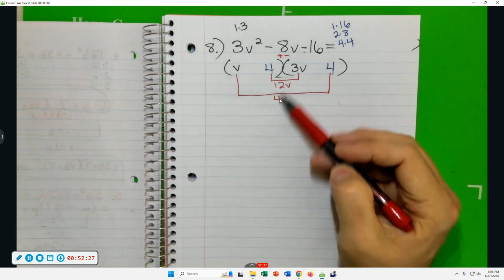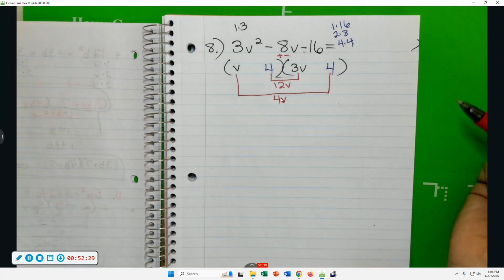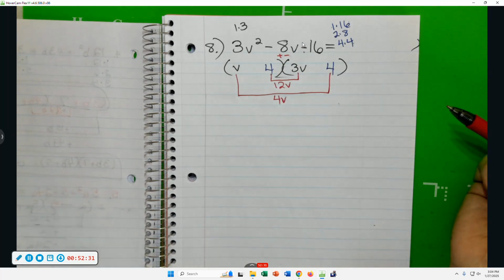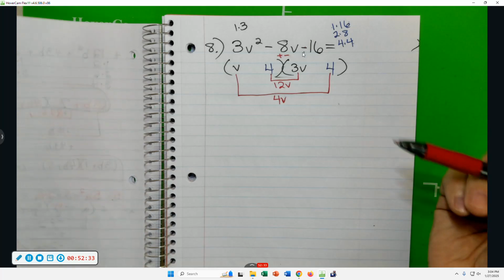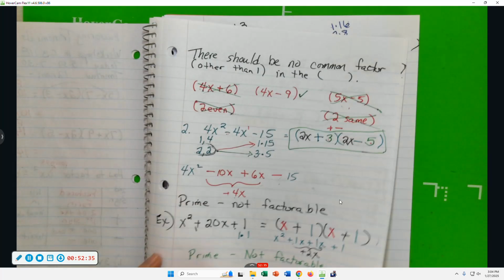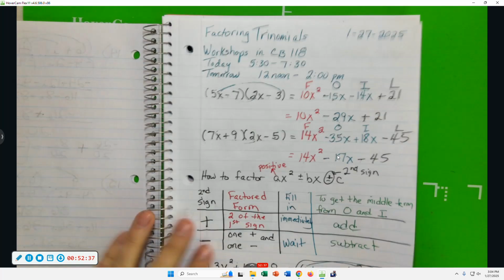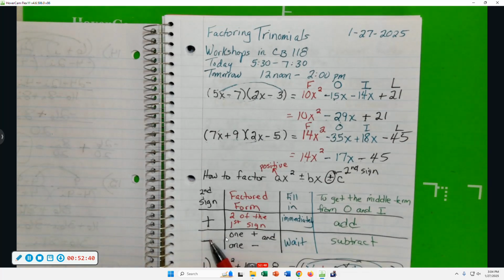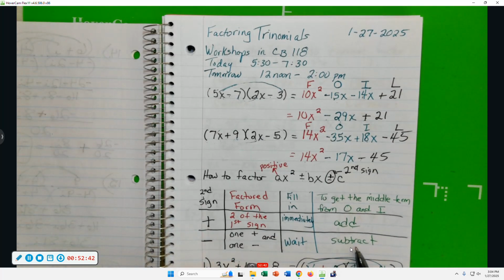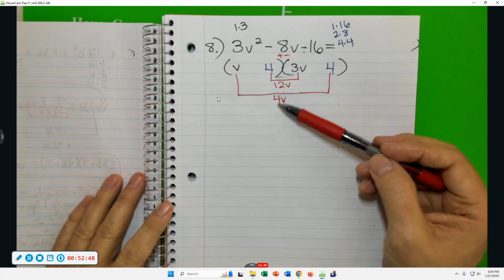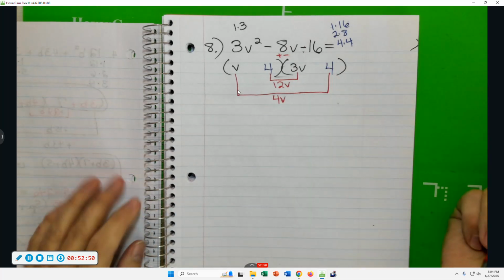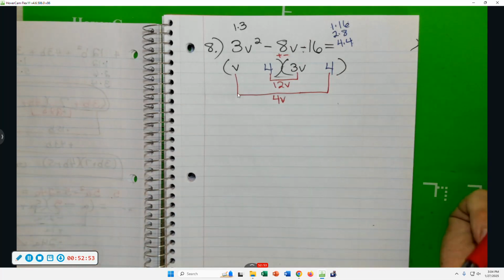Add or subtract these numbers to get that middle number there. You want to subtract. If the last sign is a minus, I'm going back to that table of my brother's: you subtract the outer and the inner to get that middle term. So can we subtract 12 and 4 in a way to get 8? Yes. We found it.